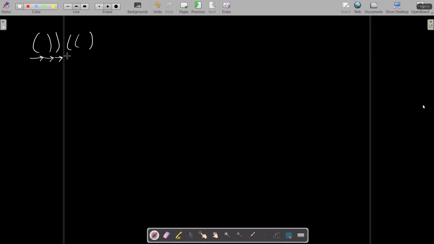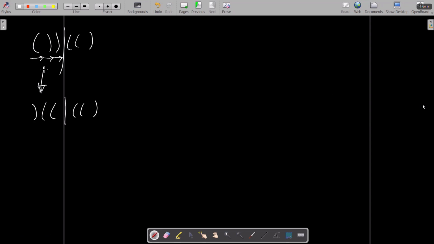Here not valid. We take this one. Moving from left to right, at the first occurrence where we find an invalid bracket sequence, we stop there and we reverse these brackets. These 3 brackets, we reverse. Then we will have something like this.